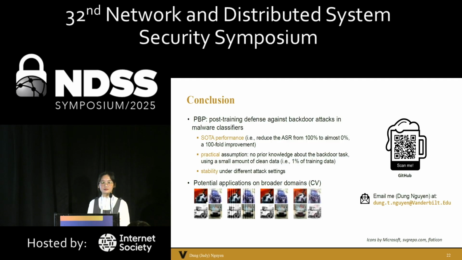All right, any questions? I guess I will start with a clarification question. So you said that your backdoor attack, you will have a poisoning malware sample, but with the same malware label, right? You don't change the label.